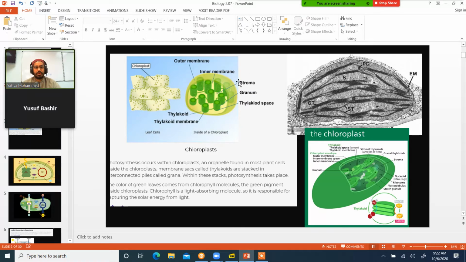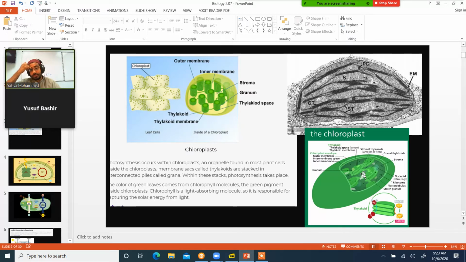That's called the stroma. Then there's an outer membrane of the chloroplast, and an inner membrane of the chloroplast. So it's pretty complex. I think this picture is not the best one of the chloroplast, brother.